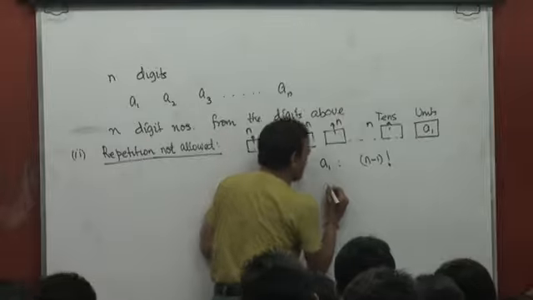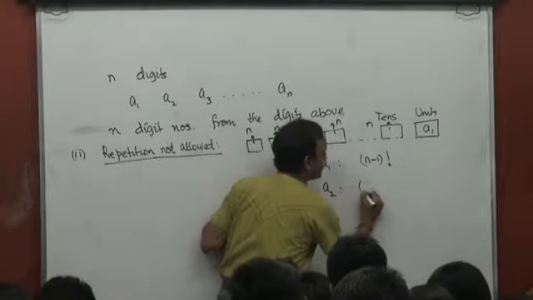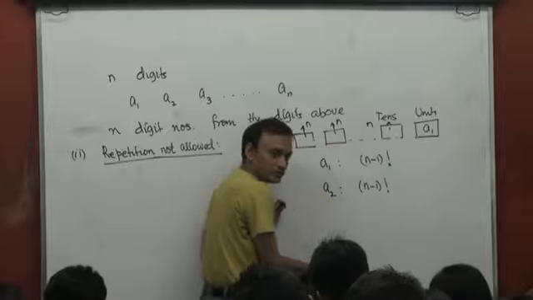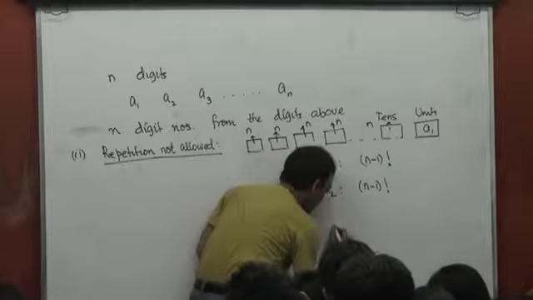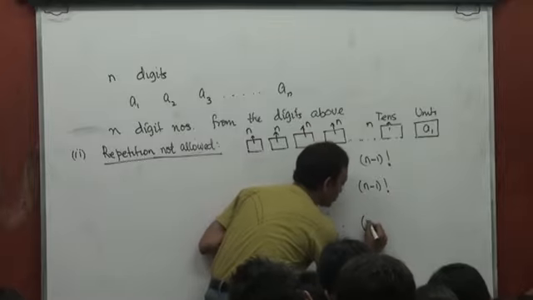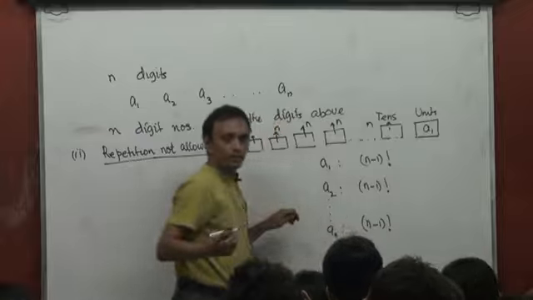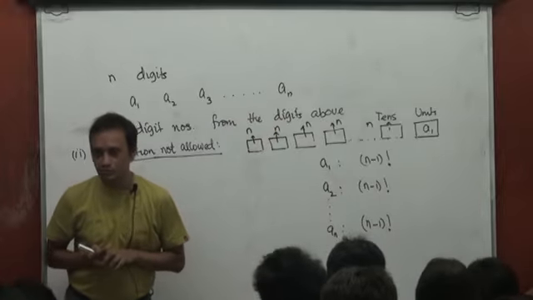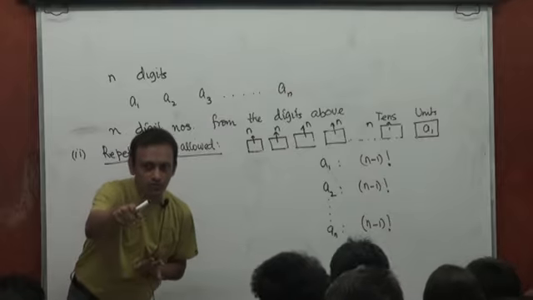With A2 in the units place, I have n minus 1 factorial numbers produced. Same way, with An in the units place, how many numbers are produced? N minus 1 factorial numbers are produced. No? Are you lost?